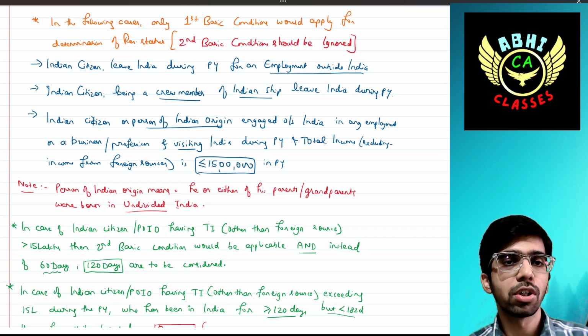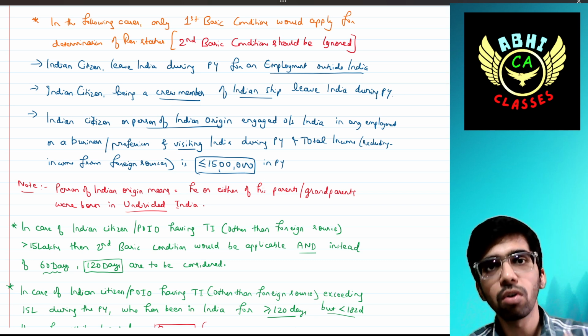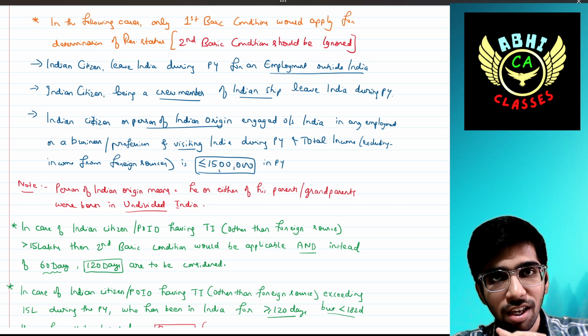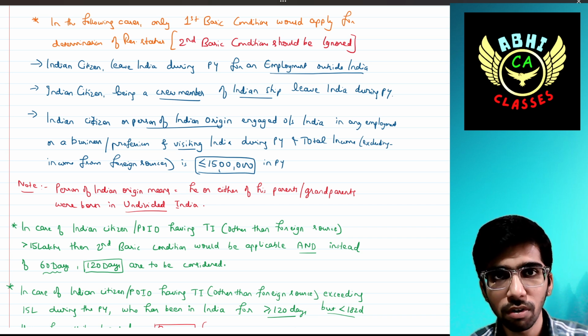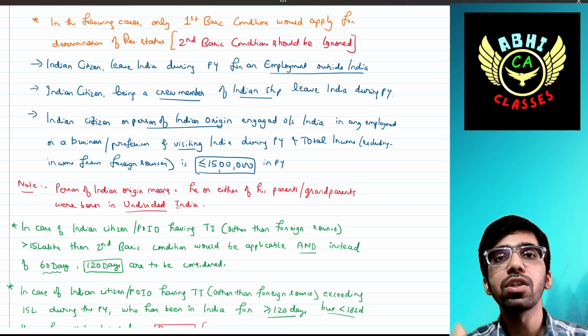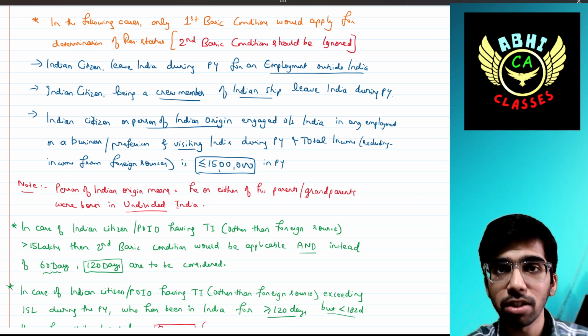Okay. The third circumstance, Indian citizen. This might be a very confusing one, but I will try to resolve your confusion as much as I can. An Indian citizen or person of Indian origin, PIO in short, engaged outside India in any employment or business or profession, visiting India.